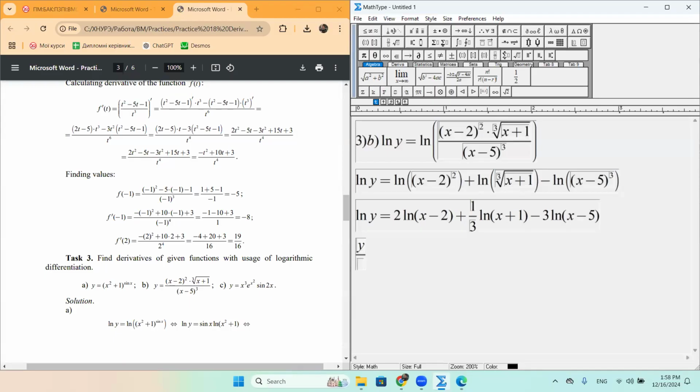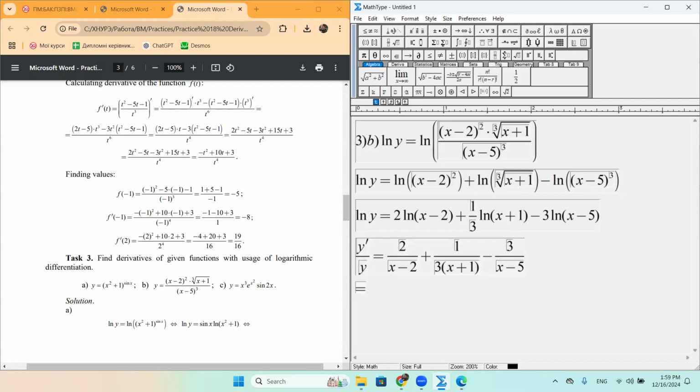So y prime divided by y equals 2 divided by x minus 2, plus 1 by 3x plus 1, and minus 3 by x minus 5.